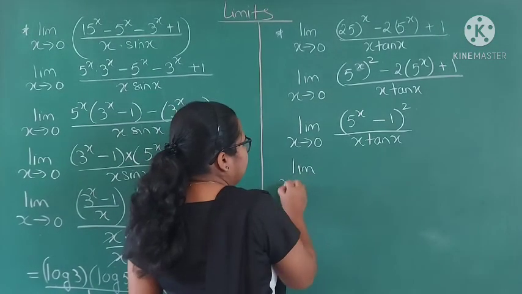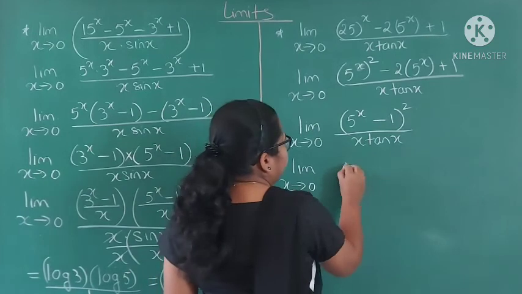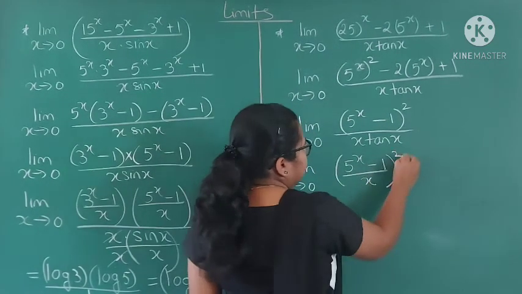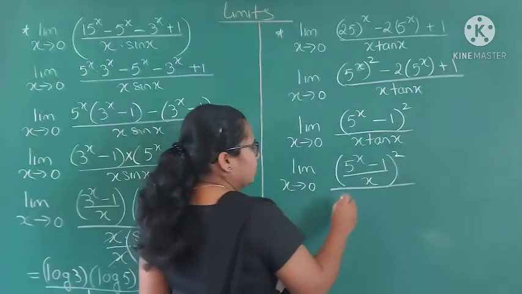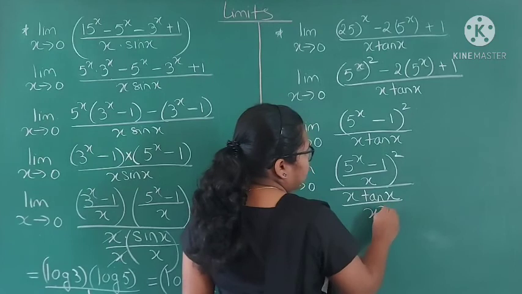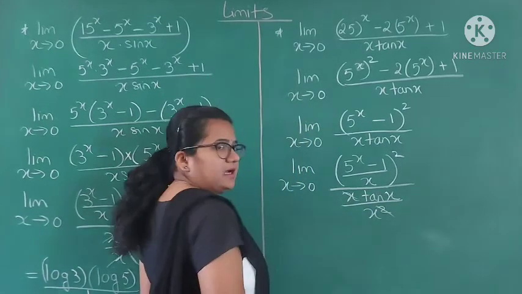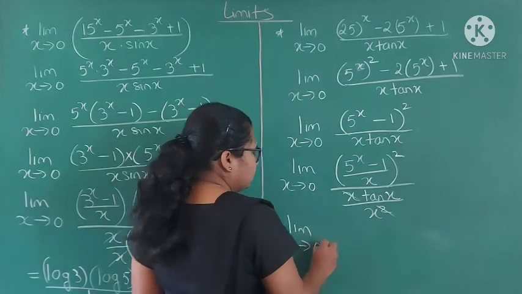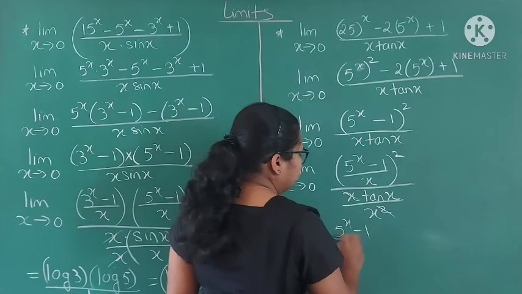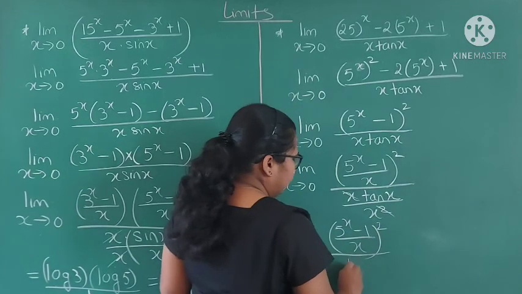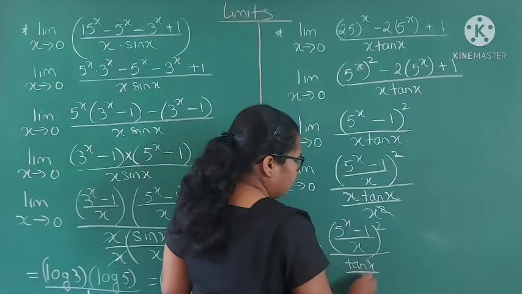So limit as x tends to 0, 5 raised to x minus 1 upon x whole square. So I divided the numerator by x square, x tan x upon x square. So this x will get cancelled. What is your remaining part? Limit as x tends to 0, 5 raised to x minus 1 upon x whole square divided by tan x upon x.